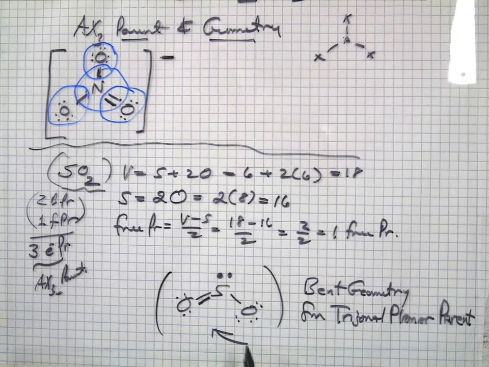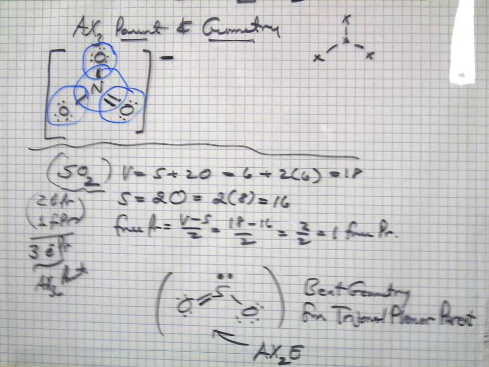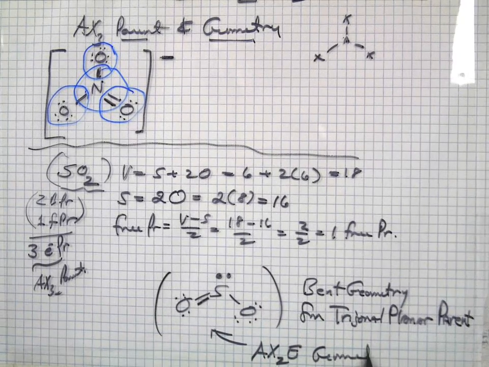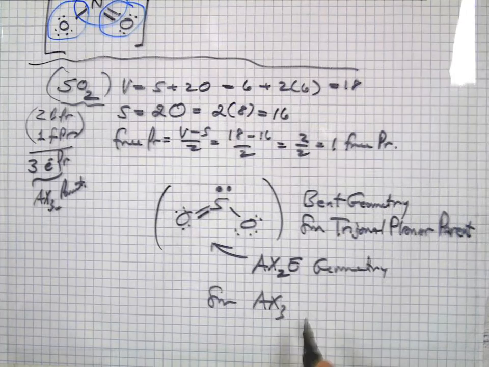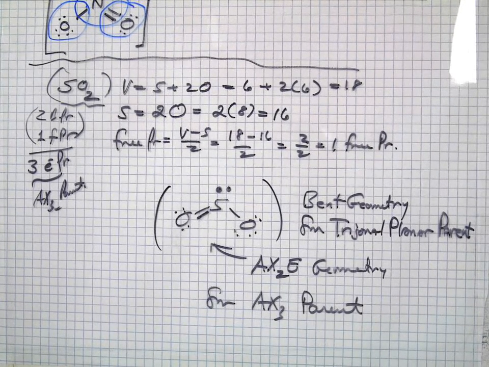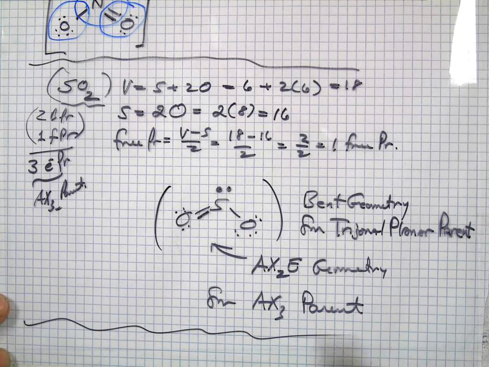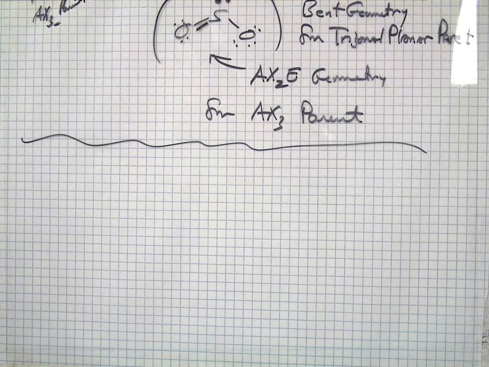So the geometry of this is an AX2E geometry from an AX3 parent, to classify it as a derivative. Okay? Everybody kind of seeing the pattern? It's just going to repeat itself over and over from here on. Stop me if you need to. I'm going to push right ahead.